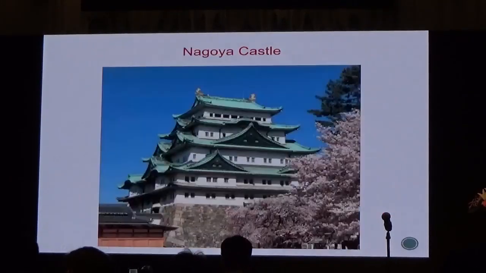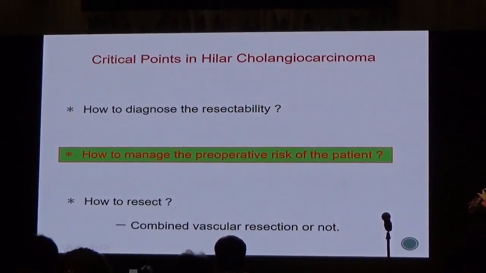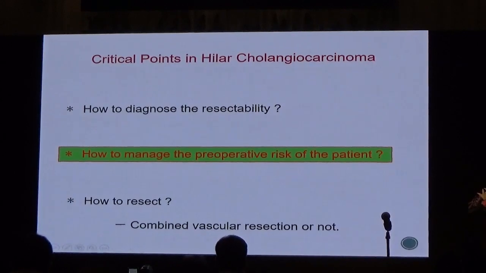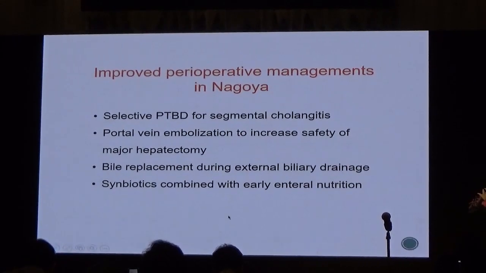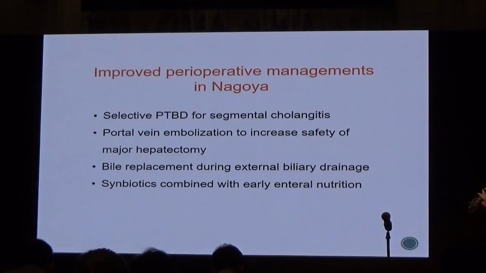Next, just one minute. Next, I'll talk about how to manage the preoperative risk of the patient with hilar cholangiocarcinoma. We have developed several types of perioperative management procedures: selective PTBD for segmental cholangitis, which is very important, and portal vein embolization to increase the safety of major hepatectomy.